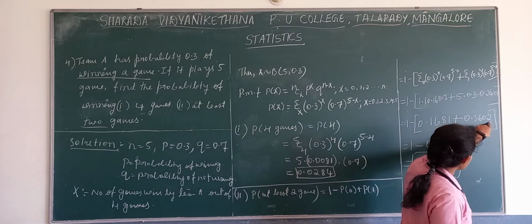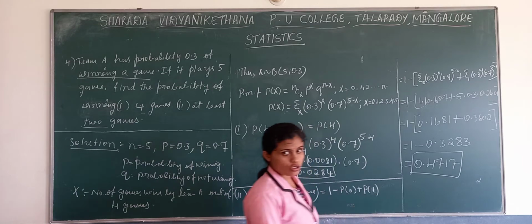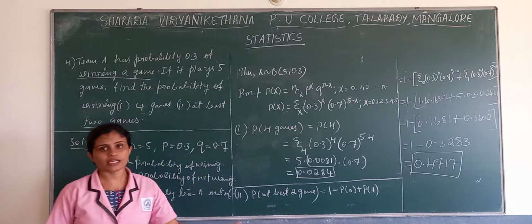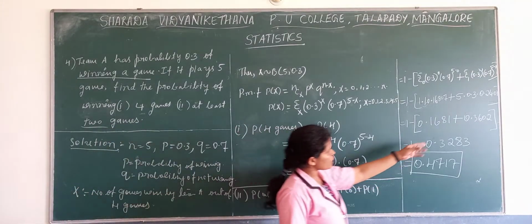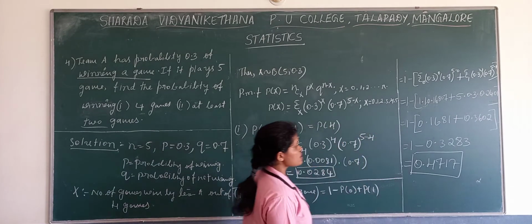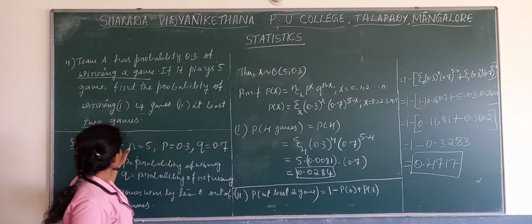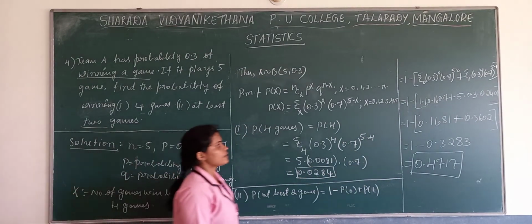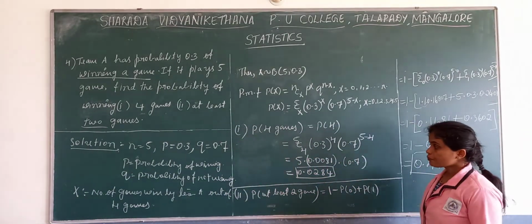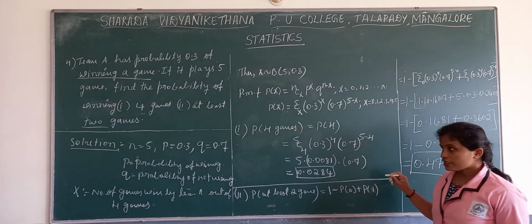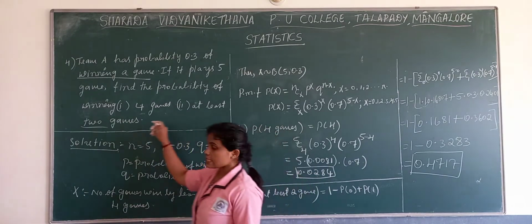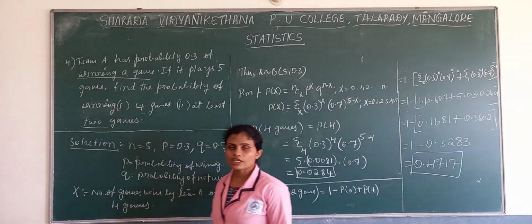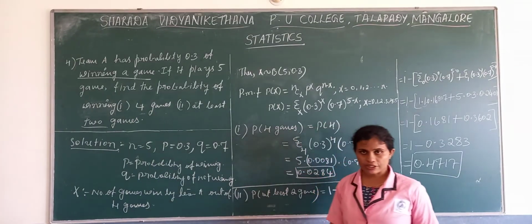Now when you add, you can make it approximate. Here also you should make it approximate. That number, if other digits are also there you can take, but better to make it approximate. Now this is about at least 2 games. So I hope you are clear what you need to do when it is at least. If that exact number comes, exactly that number you can take.